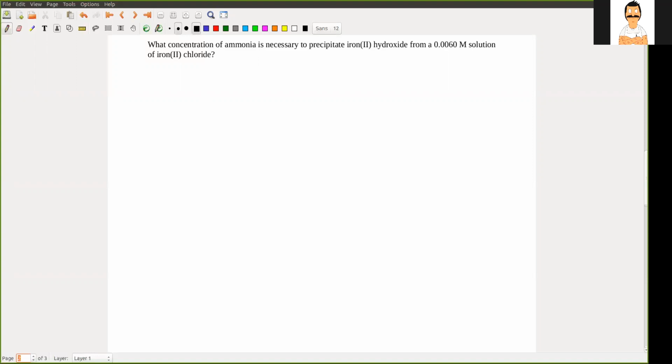We'll need to write down three chemical equations. The first being that we know that iron 2 chloride, FeCl2, is going to dissolve into iron 2 plus 2Cl minus.